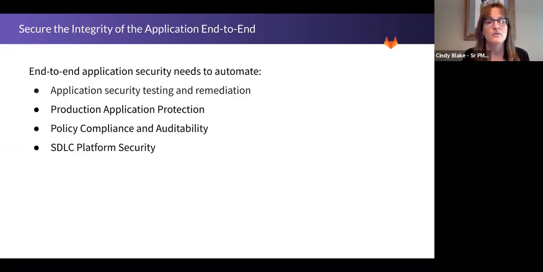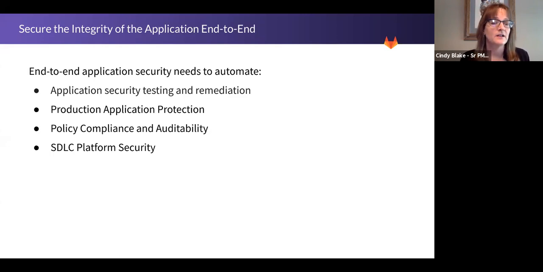There's a lot more that needs to happen. So in addition to scanning, you need to have remediation. It's not just enough to find the vulnerabilities. This has been a problem for a long time. Hey, I found 10,000 vulnerabilities. Now what? You've got to go and remediate those as well. So in this automated environment that's much more rapid, how much of that remediation can be automated? Think about automating the easy stuff and focusing on the exceptions.